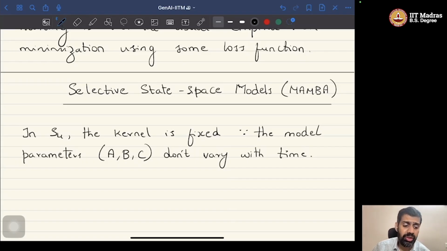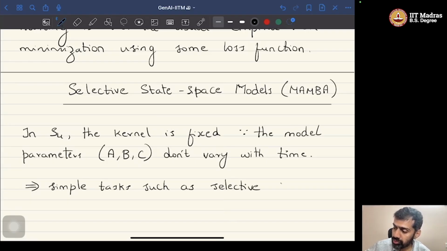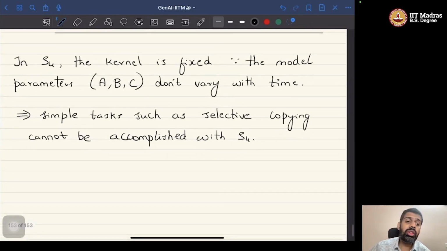So what is the issue with this? This implies that simple tasks such as selective copying cannot be accomplished using S4. So what is selective copying?